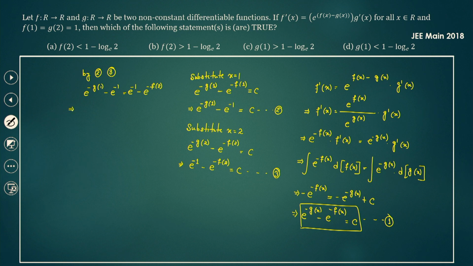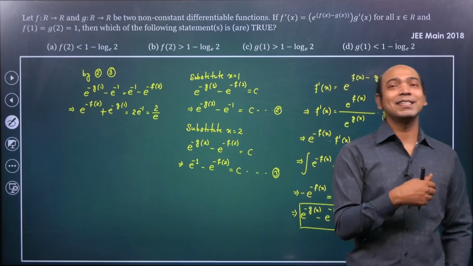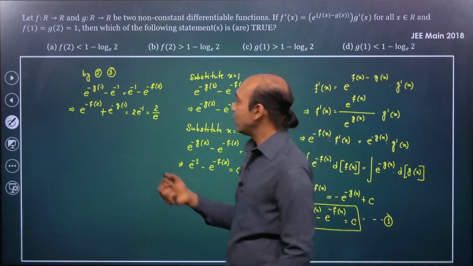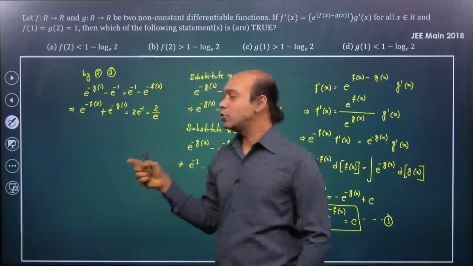That implies, taking this to the other side, e to the power minus f2 plus e to the power minus g1 is equal to 2 e to the power minus 1, that is, 2 divided by e. Now we know that e to the power of something is always greater than 0.